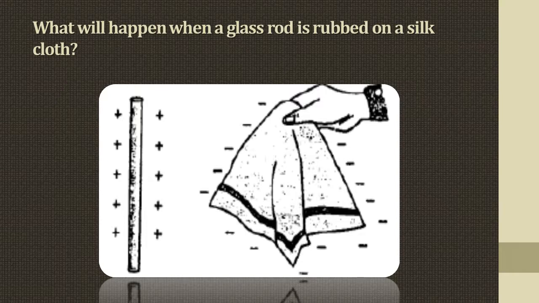Thus the glass rod becomes positively charged while the silk becomes negatively charged. As you can see in the picture, the glass rod has positively charged particles and the silk cloth has negatively charged particles.